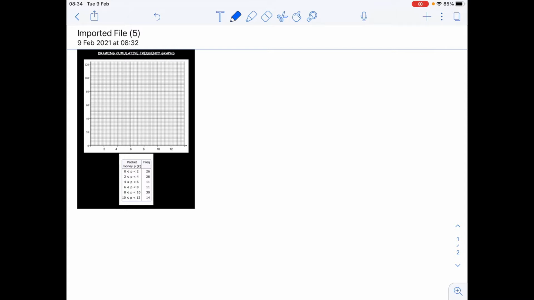Cumulative just means total. So in the exam, and it's perfectly acceptable for you to do so, you're going to have to add an extra column on the right and fill it in, but I'm going to do it here in the space on the right because I've got much more space. So I've got between 0 and 2, 26 people.